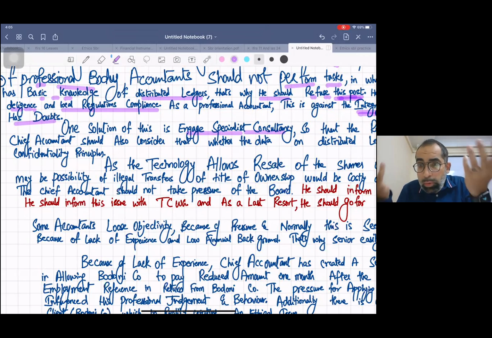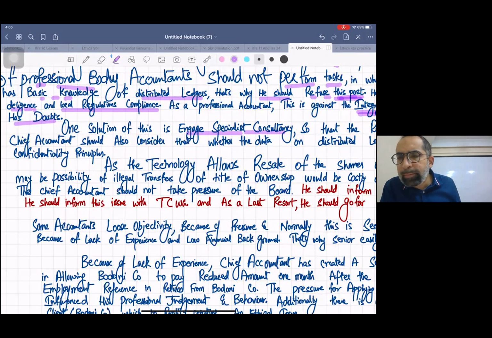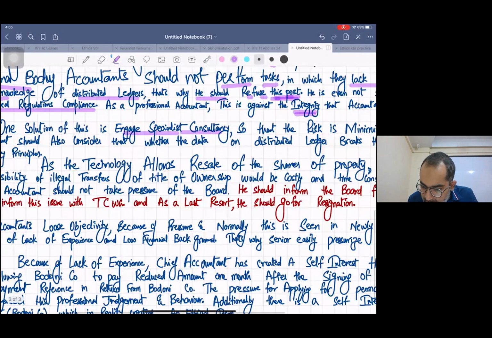They don't know all the technicalities of oil, so definitely they have to hire a specialist, right? So it's better, if you can't do certain things, you hire a specialist and take consultancy. One solution of this is to engage a specialist consultancy, so that the risk is minimized.